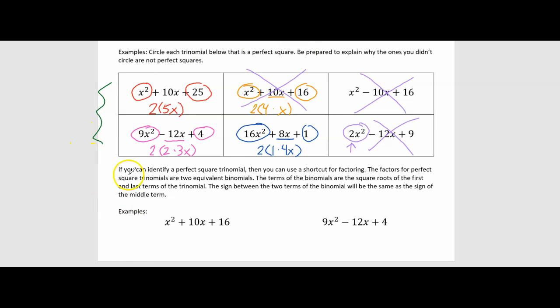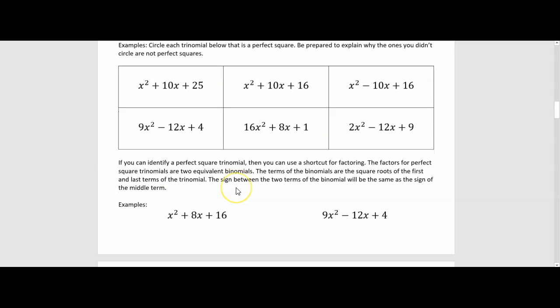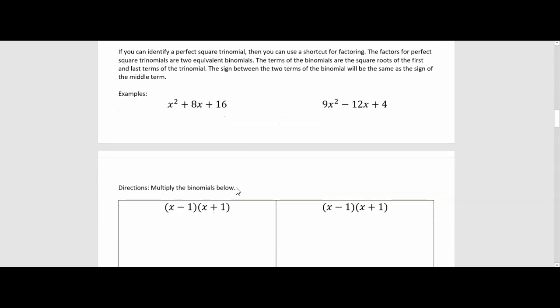All right. Let's talk about how we can factor these. If we look at these 2 examples at the bottom of this page, if we can identify that a trinomial is a perfect square trinomial, then it factors into a recognizable pattern.